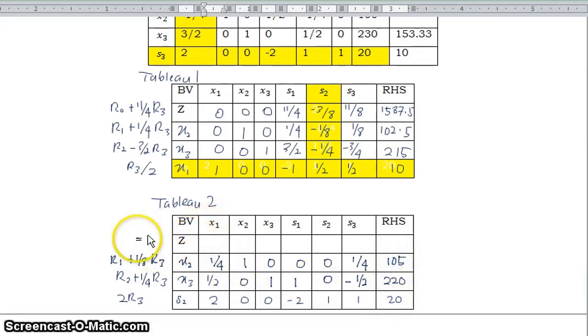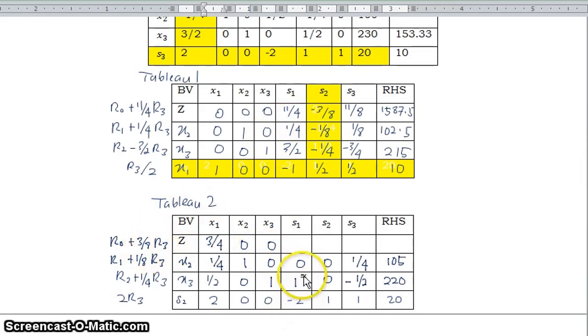And for the last row, row 0, the ERO is row 0 plus 3 over 8 times row 3. We get, for coefficient of x1 is 0 plus 3 over 8 times 2, which is equal to 3 over 4. x2, 0 plus 3 over 8 times 0 is 0. x3, 0 plus 3 over 8 times 0 is 0. S1 is 11 over 4 plus 3 over 8 times -2.